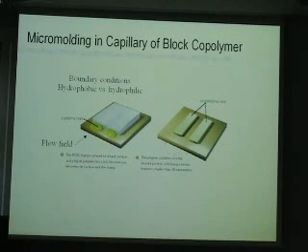Then we put the block polymer solution in front of this channel. Since this channel is very small, it has a capillary force, so we have a flow field into this channel. The block polymer is sucked into this channel and then self-assembles.